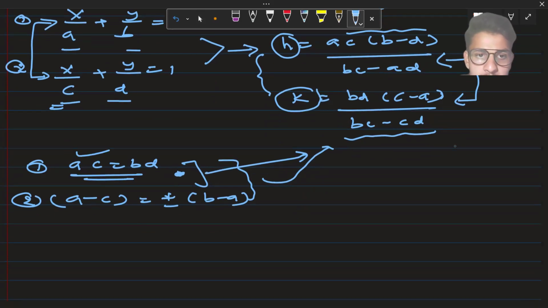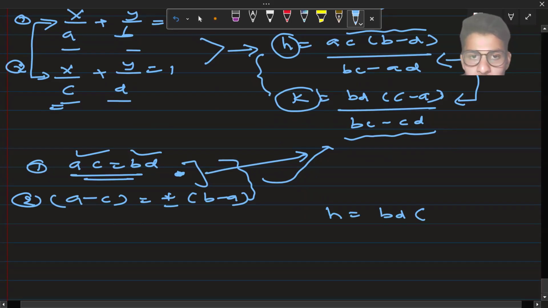You will see AC is BD, so replace BD there, and you will see B minus D is plus minus of AC.